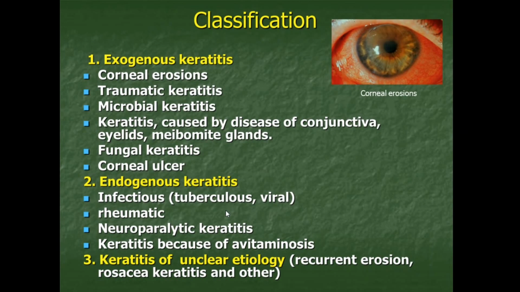So, as for exogenous keratitis, we can divide it into corneal erosion, traumatic keratitis, microbial keratitis, keratitis caused by diseases of conjunctiva and eyelids, fungal keratitis, corneal ulcer. Endogenous keratitis may be infection like tuberculosis or viral, rheumatic, neuroparalytic keratitis because of avitaminosis.